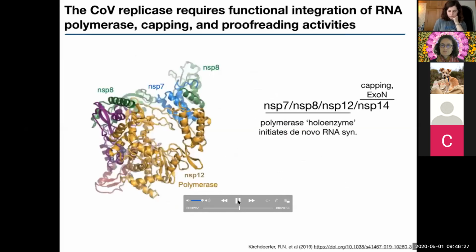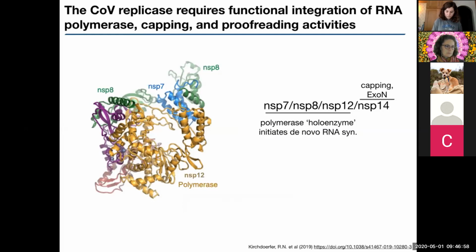So this discontinuous transcription mechanism is quite complex and is orchestrated by a replicase that includes the polymerase, but many other proteins as well. And this replicase complex requires functional integration of the RNA polymerase, capping, and proofreading activities, as well as other things. What I'm showing you here on the left is a structure of what people think is the polymerase holoenzyme.